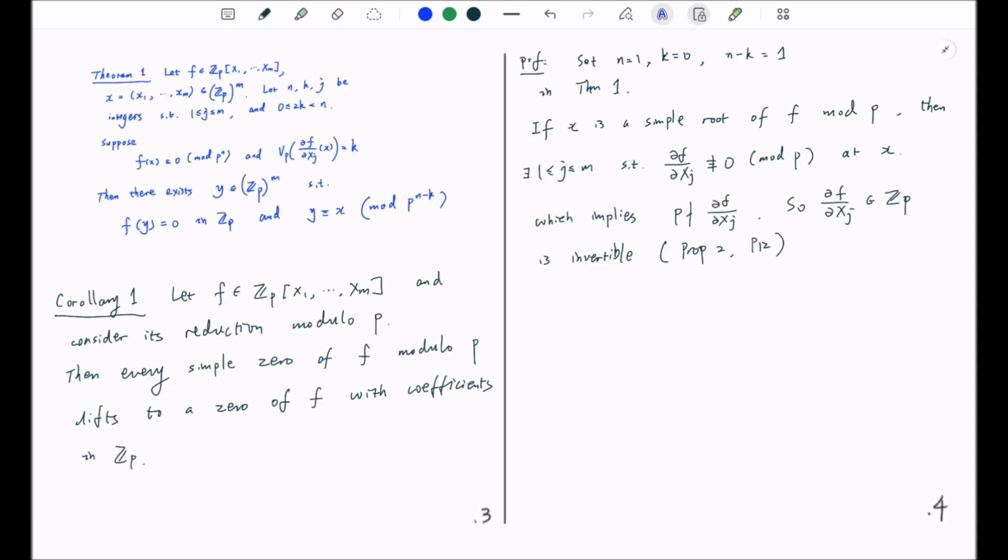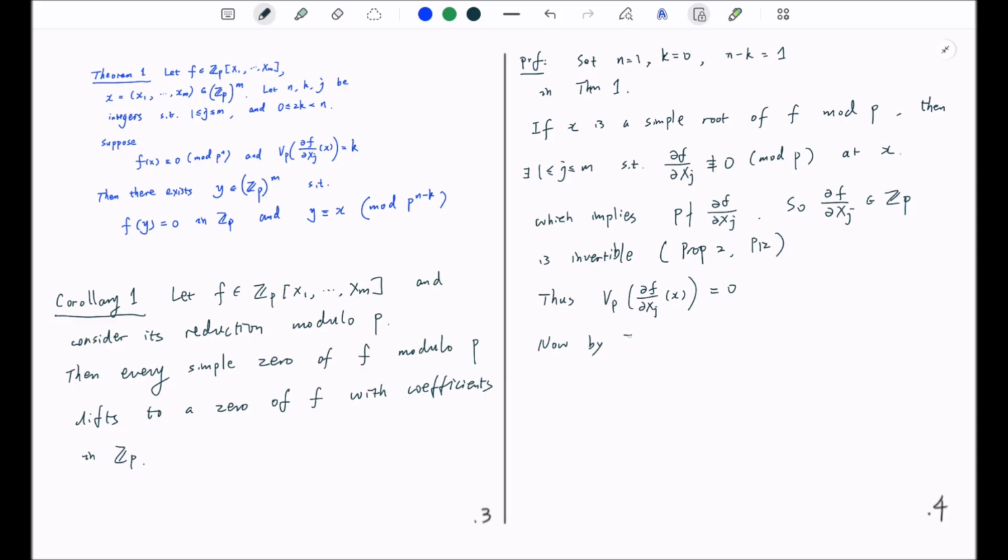And because it is invertible, the p-adic valuation of this must be equal to 0, because its p-adic factorization is just itself.